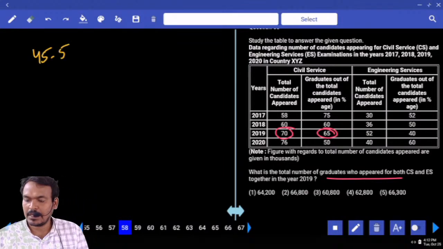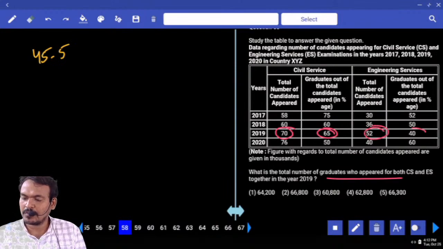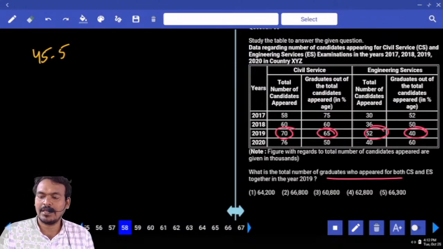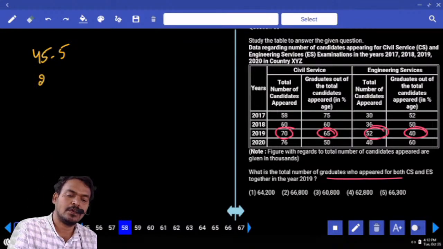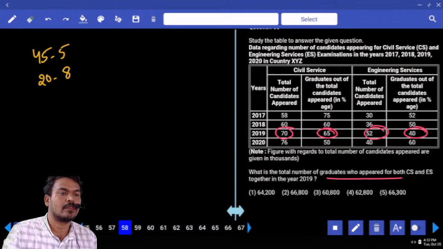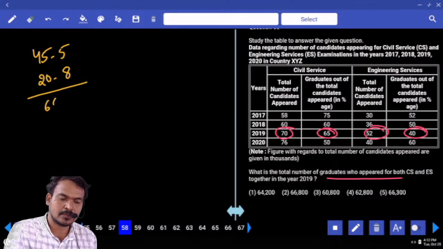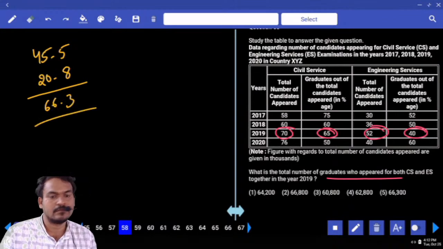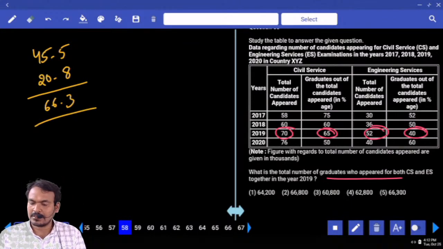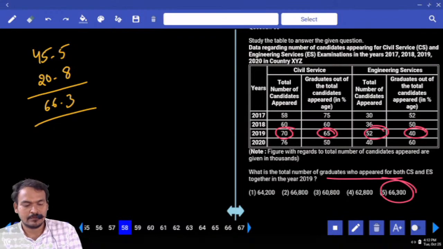Next, out of 52, 40%. 10% is 5.2, 40% is 20.8. Both are added, giving 66.3. Then the answer is 66,300.